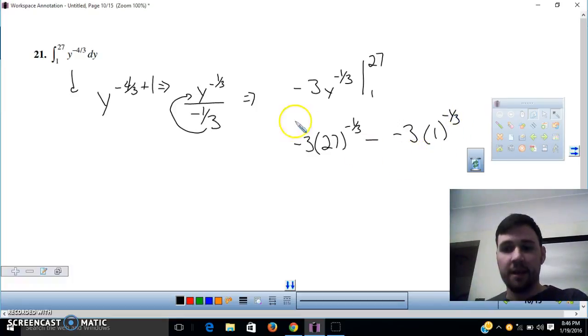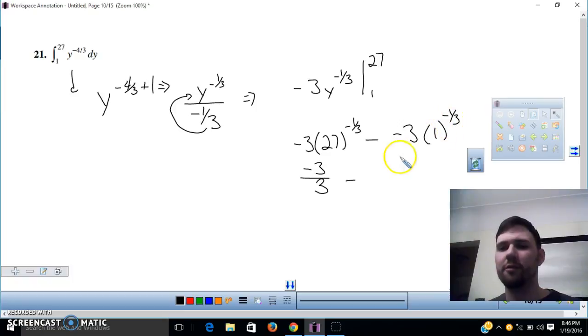Okay? So when we do that, if you don't remember how to do this, it's negative 3 over 27 to the 1/3. The cube root of that is 3. Minus, 1 to any power is 1, so we don't really worry about that. So you do plus 3.